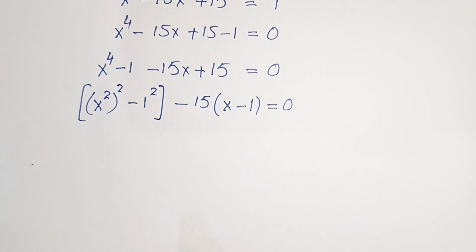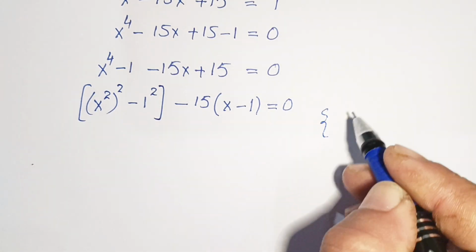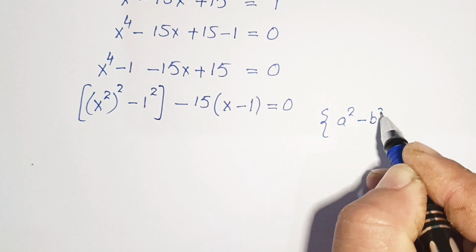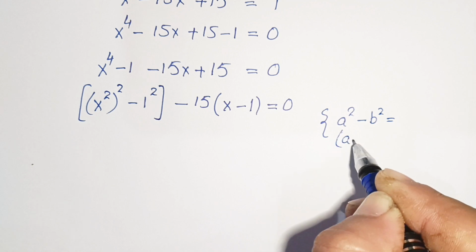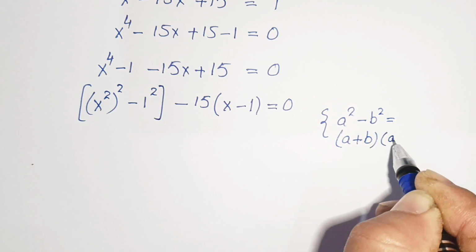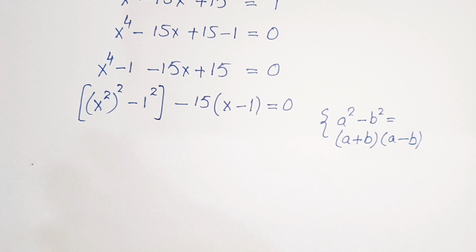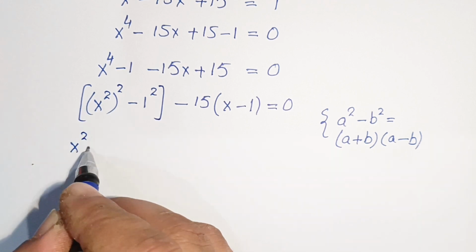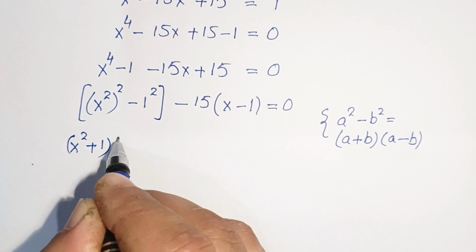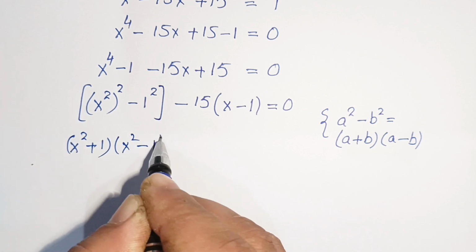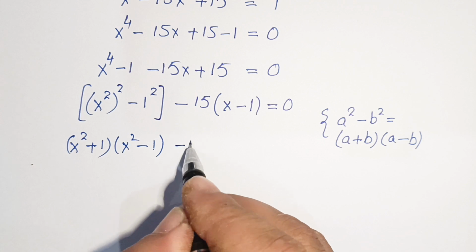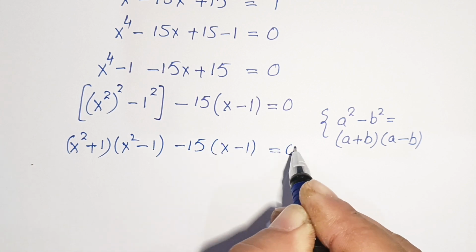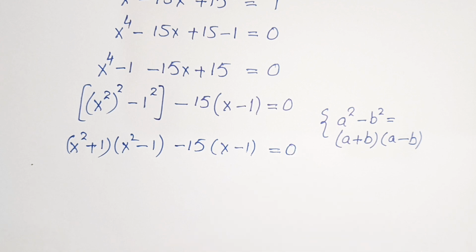Now as we know by algebraic identities, a squared minus b squared is equal to a plus b times a minus b. So here we have x squared plus 1 times x squared minus 1, and minus 15 times x minus 1 is equal to 0.